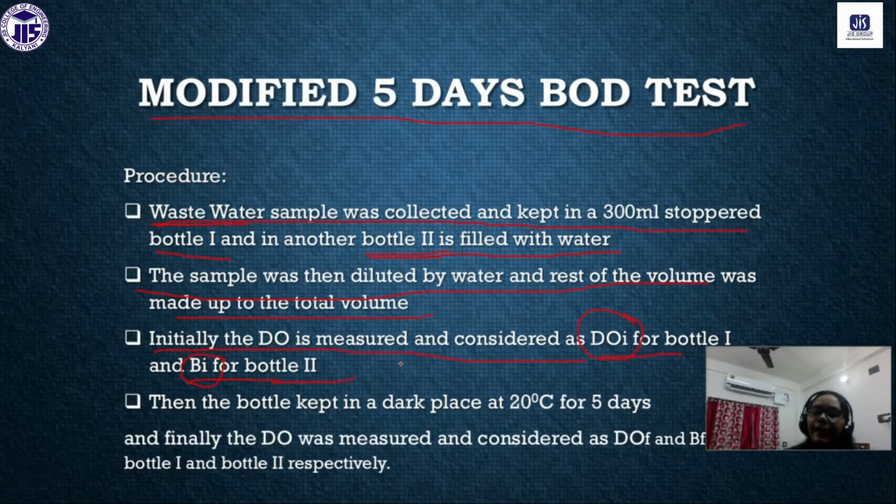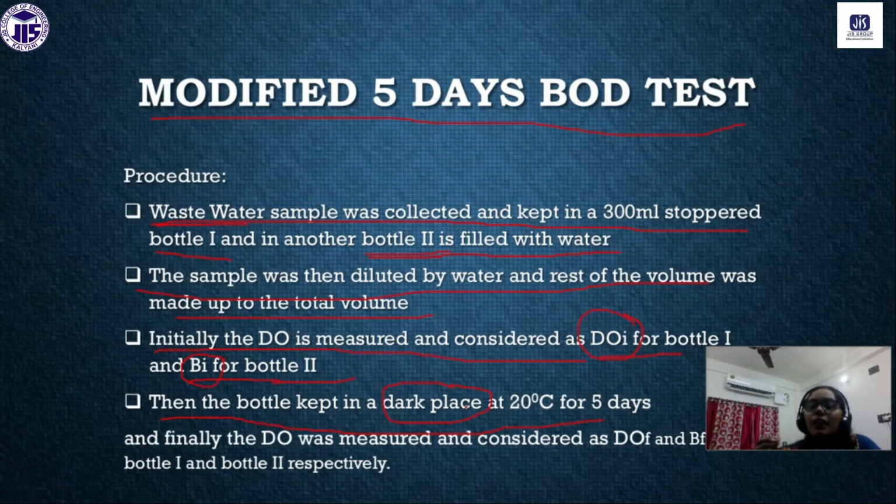After that, the two bottles are kept in a dark place at 20 degrees centigrade for 5 days again. Now, again, one question I have, that is why every time the bottles are kept in the dark place. Why? Because the BOD reaction is photosensitive.